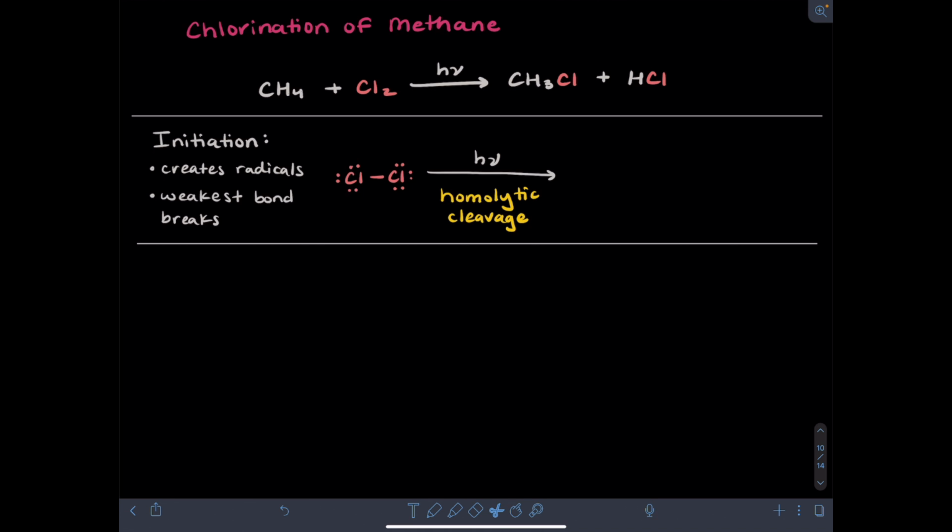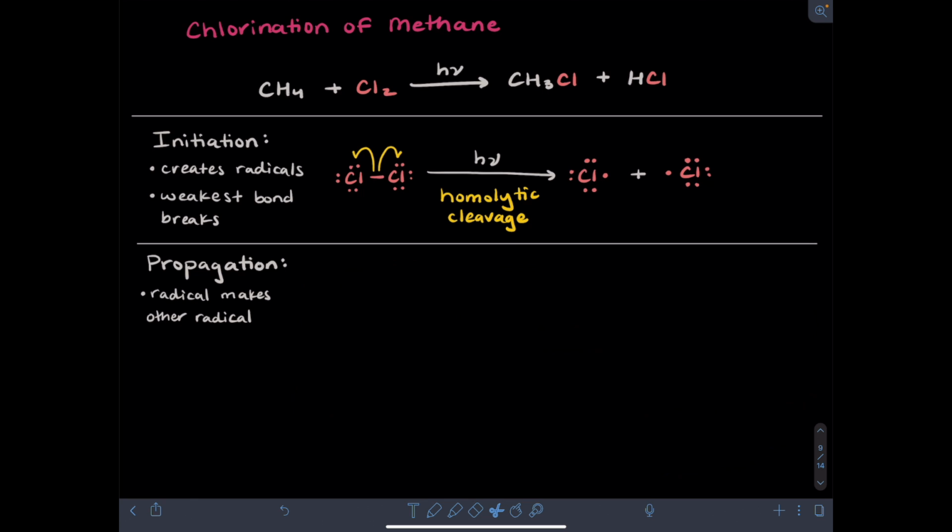This homolytic cleavage is the one that's going to involve light, and that energy is needed to break that bond and create radicals. The initiation step in the homolytic cleavage will involve 2 curved arrows. This breaks the chlorine-chlorine bond to form 2 new chlorine radicals.